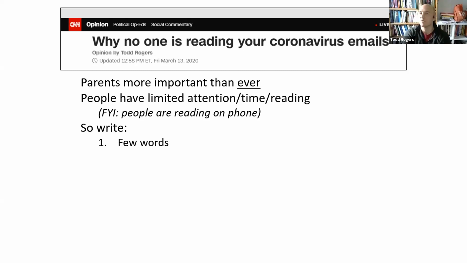Write in the most accessible reading level possible. A lot of the most vulnerable families are either English as a second language or have limited reading accessibility. And even college graduates who are very literate have a hard time making time to read long written prose.